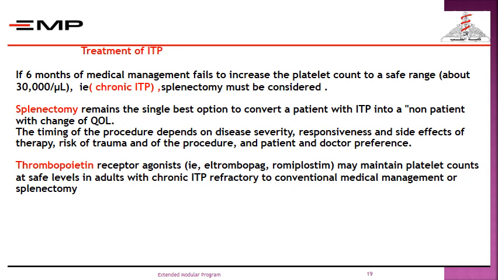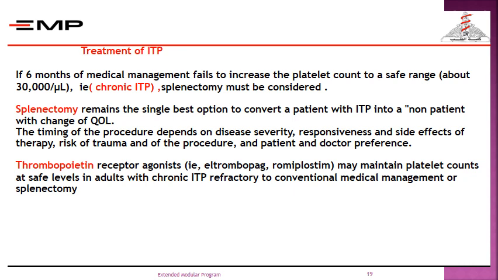Splenectomy remains the single best option to convert a patient with ITP into a non-ITP patient and change his quality of life. The timing of the procedure depends on disease severity and responsiveness, side effects of therapy, risk of trauma and of the procedure, and patient and doctor preference.